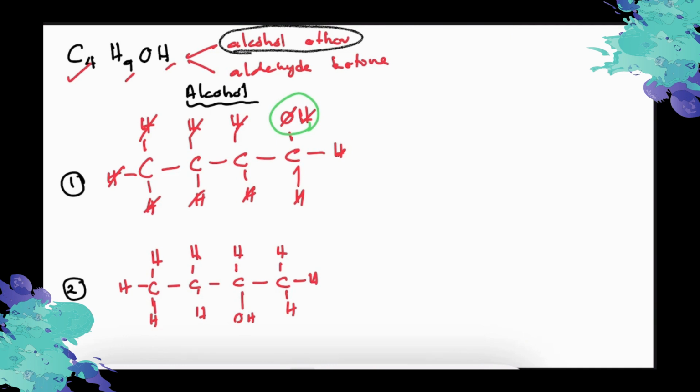And then we try to compress from 4 straight chain, we go to 3. Okay, I draw this 1, 2, 3, and we have 1 carbon as a substituent. So this is 1, 2, 3, 4 carbon and OH.